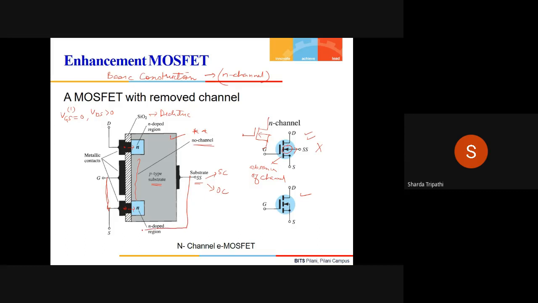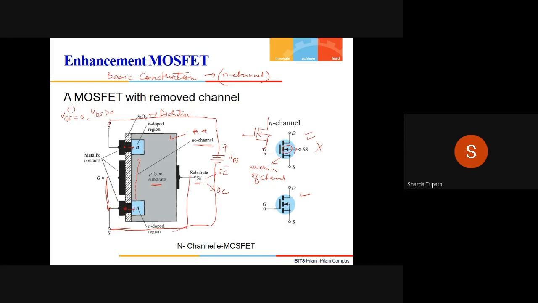And this is a 3-terminal device, so supposedly the substrate is also shorted to the source, and between the drain and the source you apply some positive voltage. So here we will apply VDS, which may have some positive value, and here we have no voltage because gate and the source are shorted.